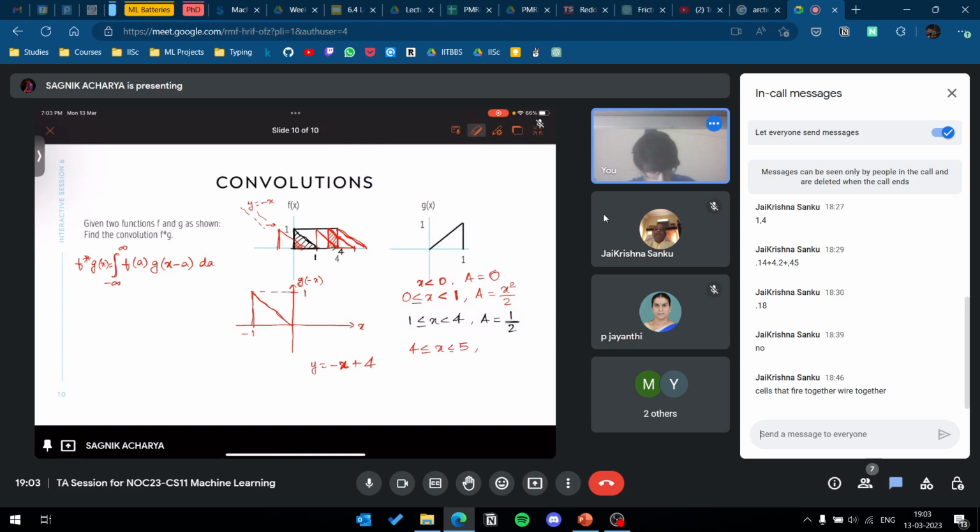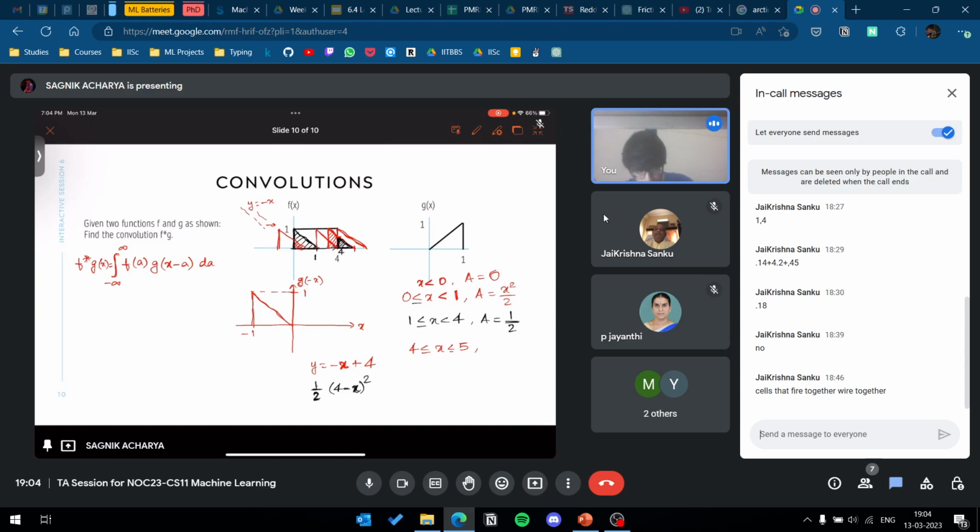So the area of this part, which I'm highlighting in black, is half of the base, which is 4 minus x actually, and the height is also equal to this length here, right? So that is also equal to 4 minus x, so that is 4 minus x whole square.